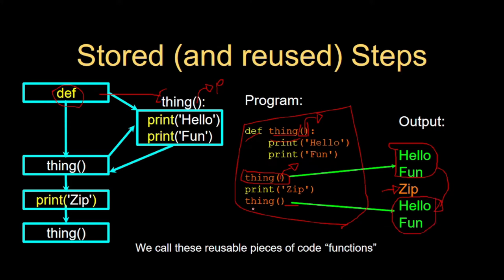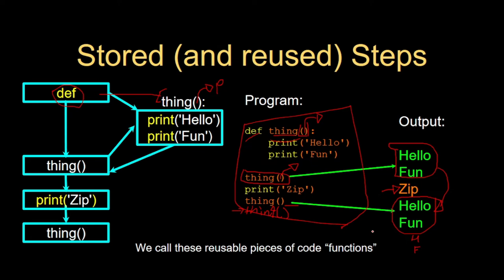If you add another call to thing, when the compiler gets this line of code, another hello fun is also printed. This is how functions are declared and called in Python programming language.